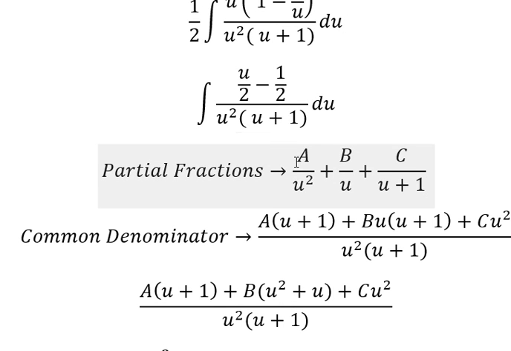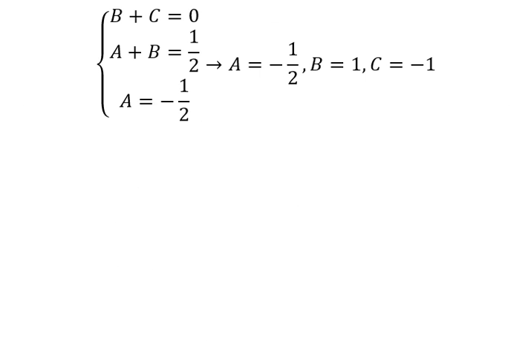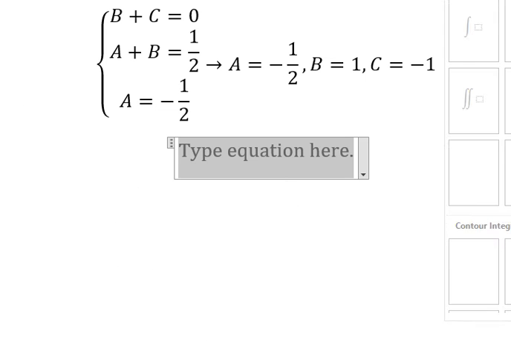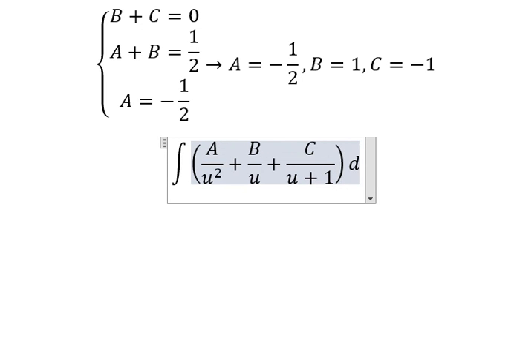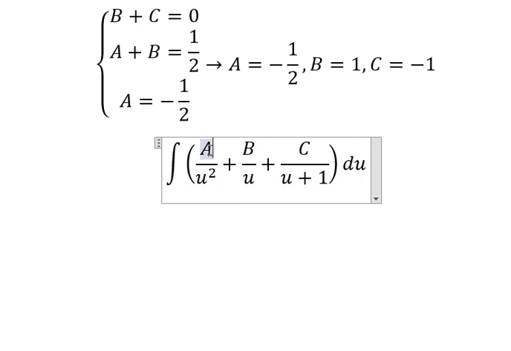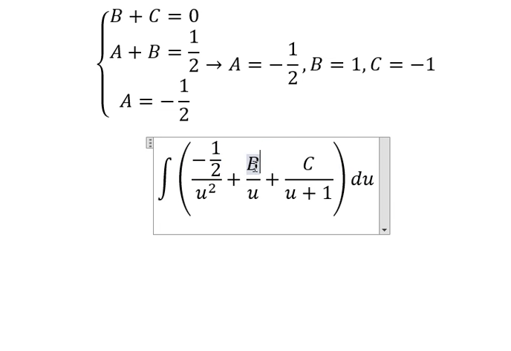So I will put a, b, c here. A equals negative 1 over 2. B equals number 1. C equals negative number 1.